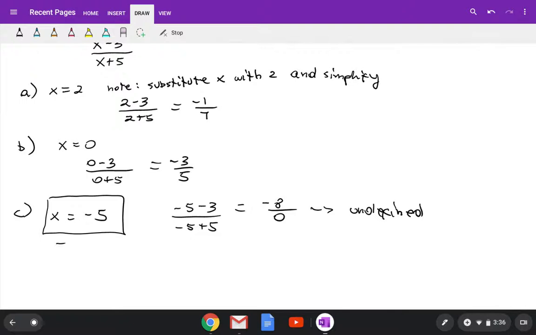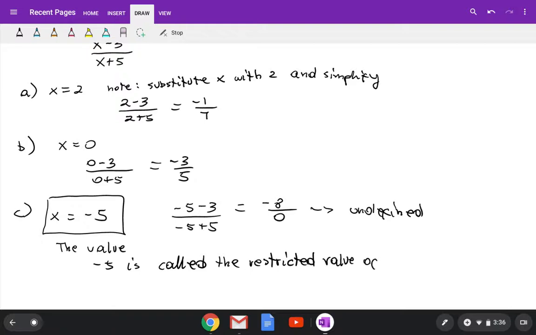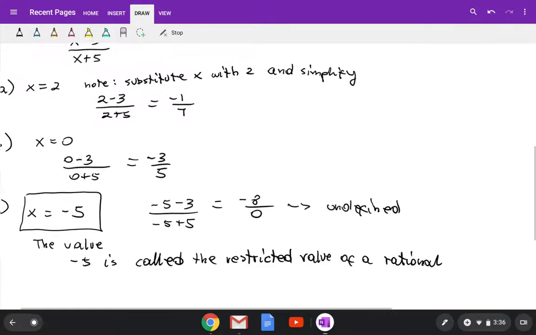So the value negative 5 is called the restricted value of the rational expression.